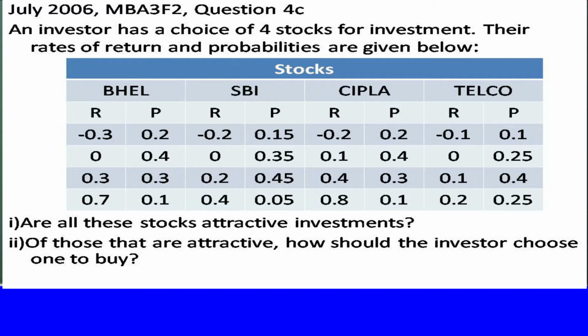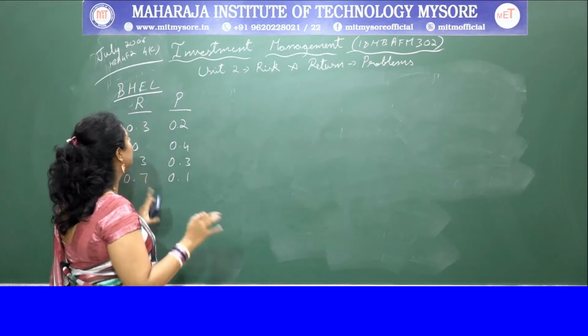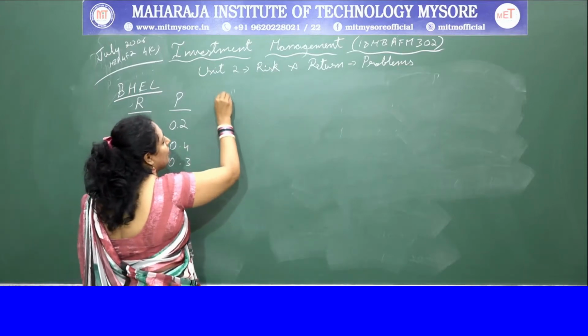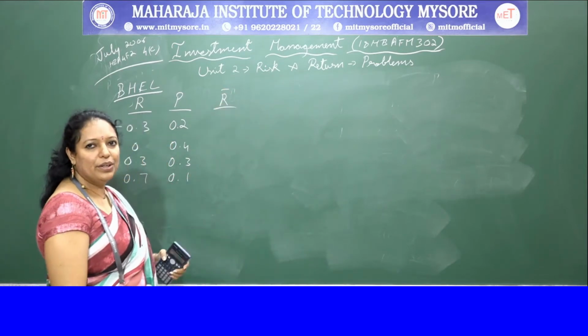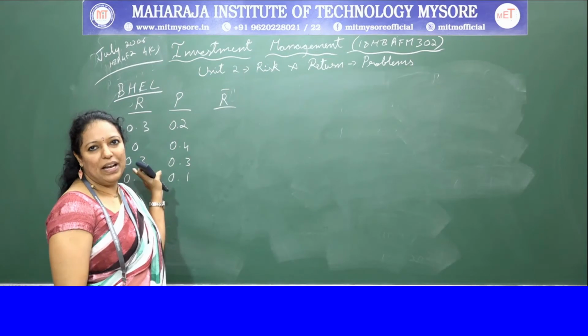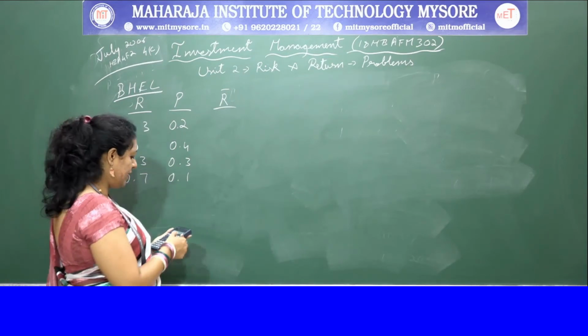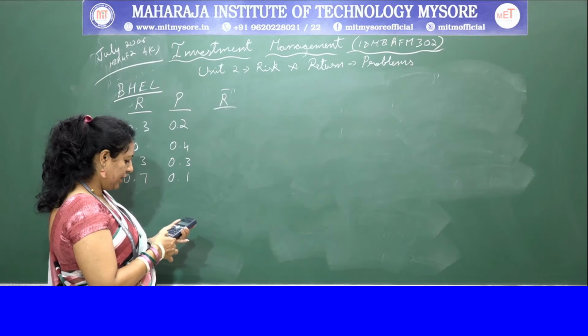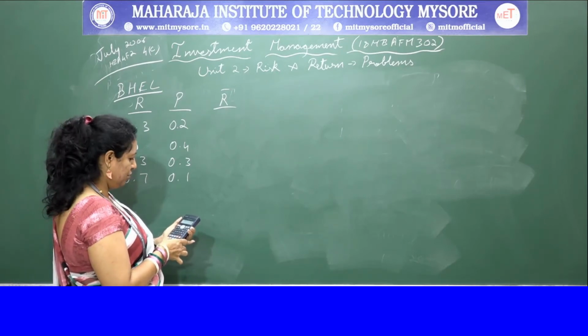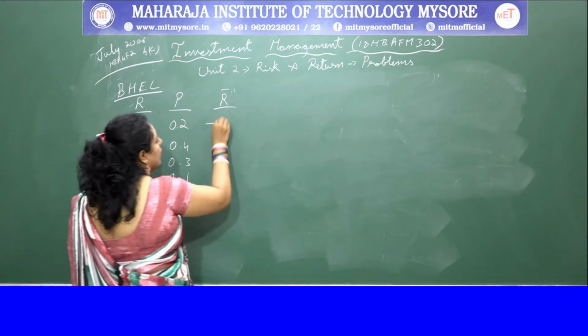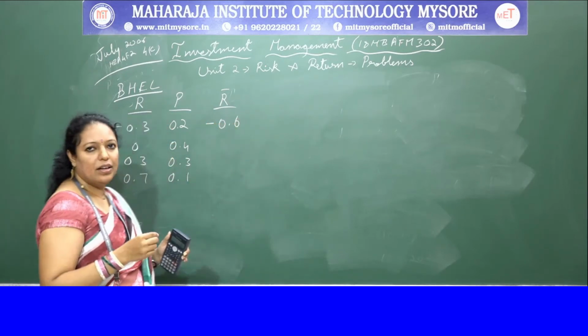So now we'll have our calculators, and as I've told, probability is given. When the probability is given, we have to understand that it is a discrete series problem. When we do the discrete series problem, we start with calculating R bar. We have to multiply these two. That is the first step. Minus 0.3 into 0.2, you get minus 0.06.